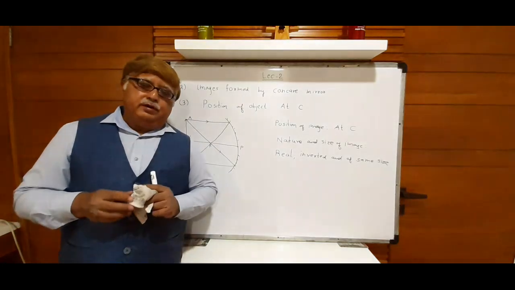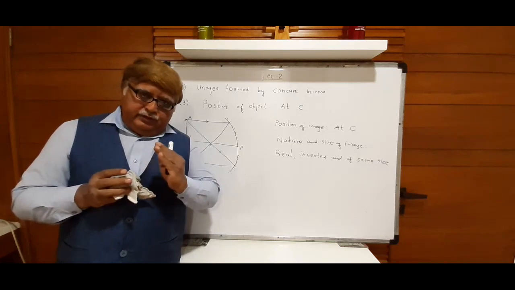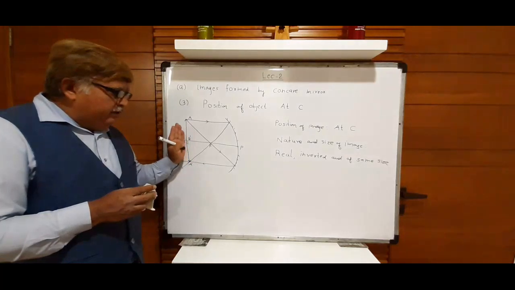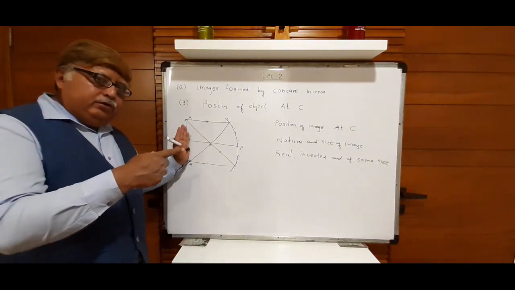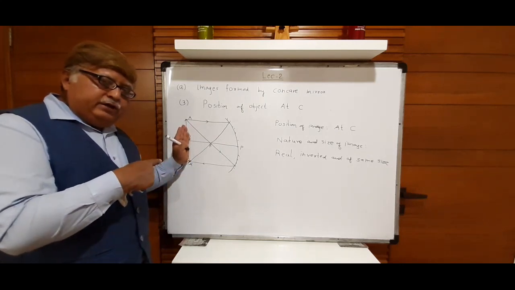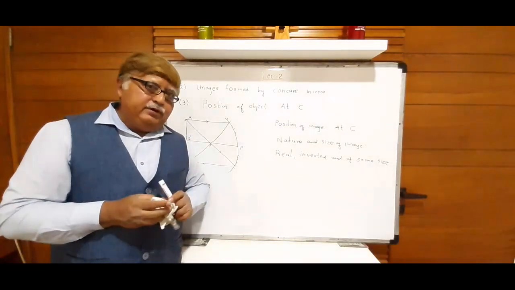So dear student, have you noted down one thing? As you bring the object nearer and nearer to the mirror, the image grows bigger and bigger. When the object was at infinity, the image was point-like, diminished.